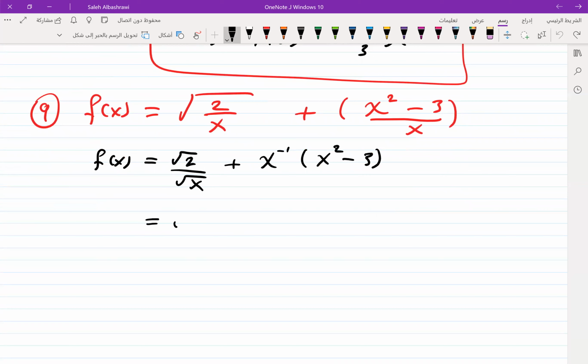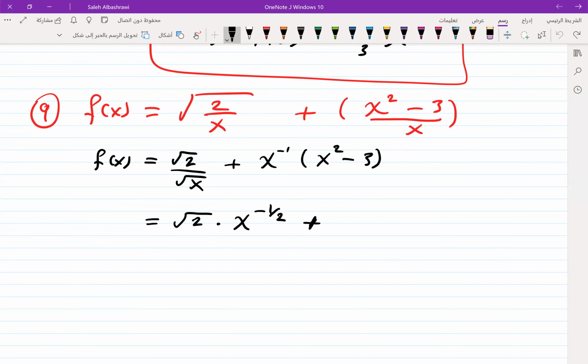Again, this is square root of 2 multiplied by x to the power minus 1/2. Square root down in the denominator, we can write it as x to the power minus 1/2. For the second part, open the bracket, it is x to the power minus 1 multiplied by x to the power 2.